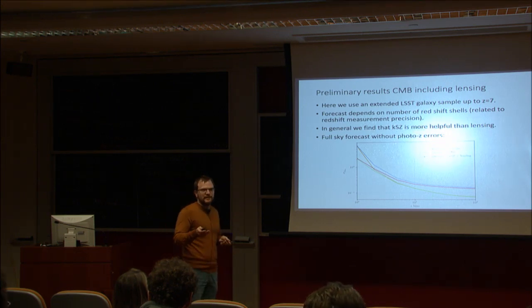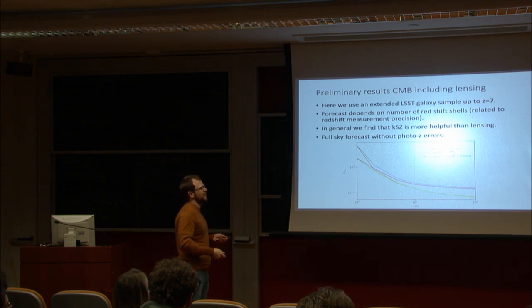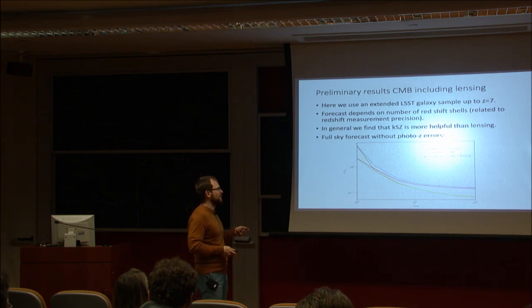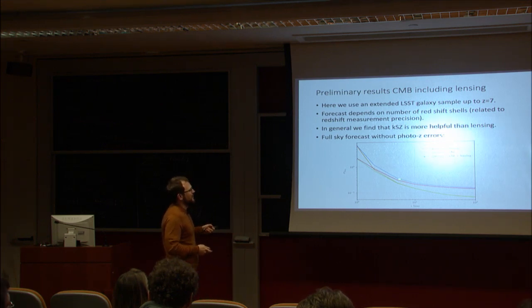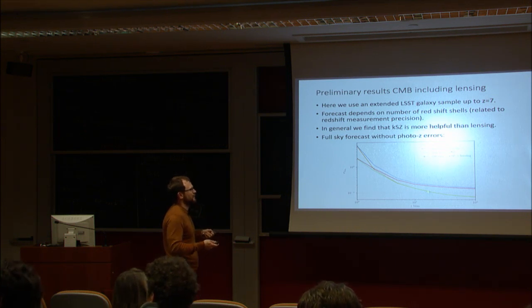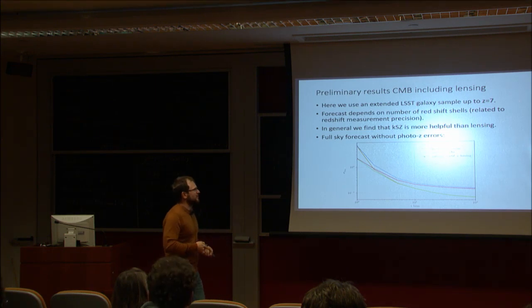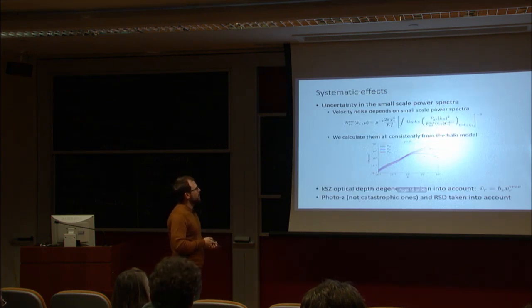The reason why lensing would contribute something extra is that lensing probes transverse modes, while KSC probes radial modes, but lensing has less, the correlation coefficient is not as good. So in summary, it seems that KSC is, for this application for FNL, better suited than lensing, and seems to be quite promising.